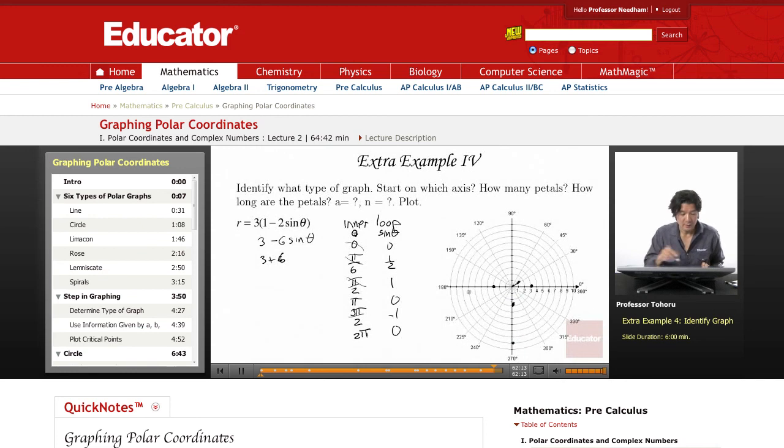So what happens? We know it's an inner loop limacon, right? Inner loop means that there's going to be an inner loop, obviously, and we know it's going to simply be 3, right?